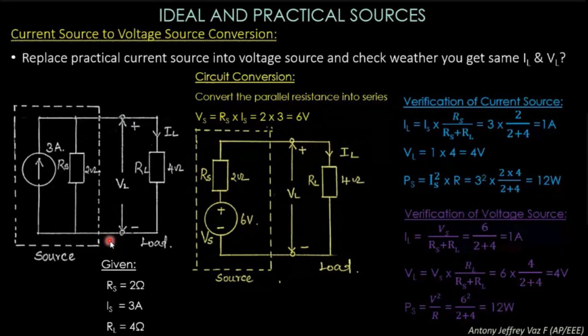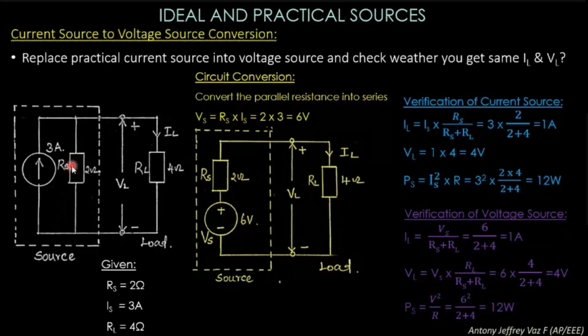This circuit has a current source of 3 amperes and a source resistance Rs of 2 ohms, and the circuit is closed using a load resistance RL of 4 ohms. This is a very simple circuit with a current source, a source resistance and a load resistance.